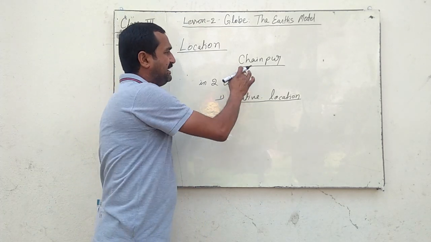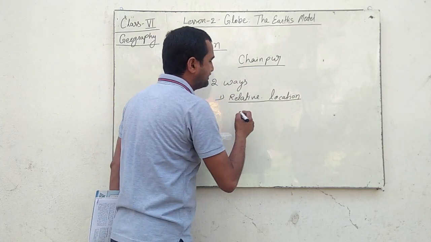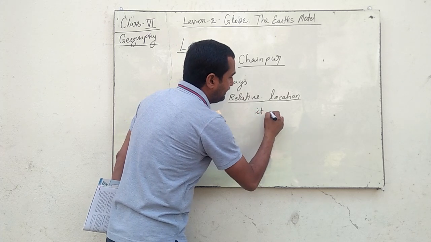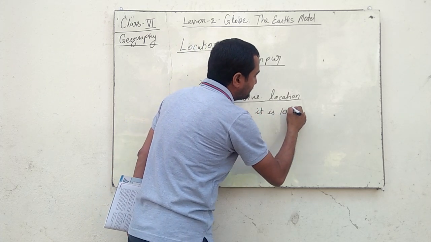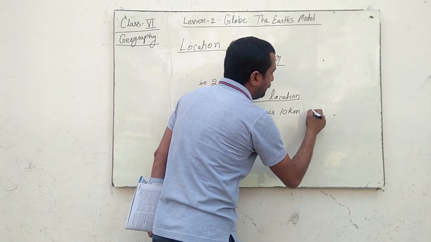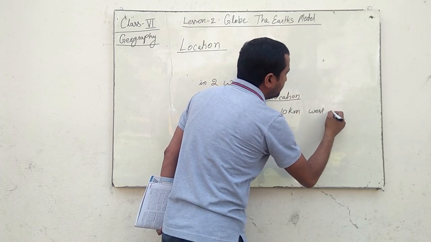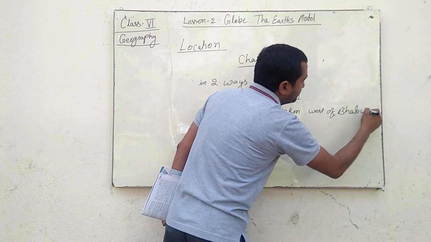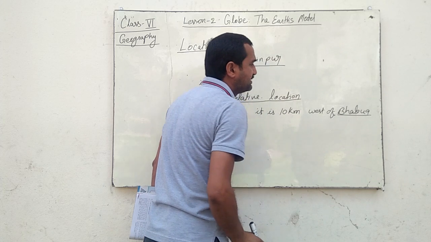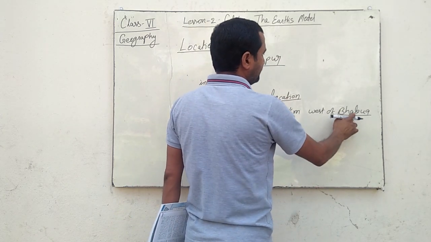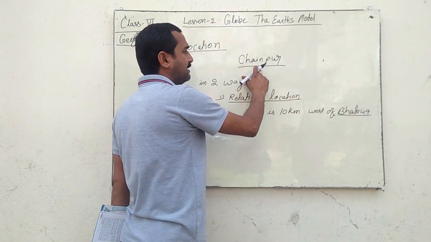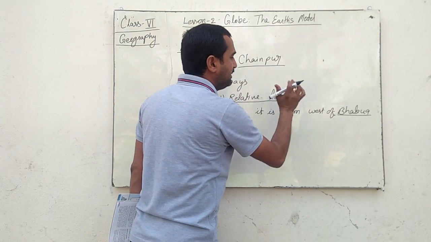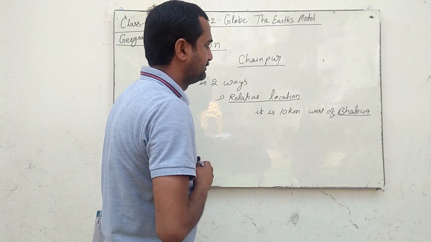For example, we can describe Chainpur as 10 kilometers west of Bhabua. So this Bhabua is a city that I have used here to find out the location of Chainpur. So this is called relative location.